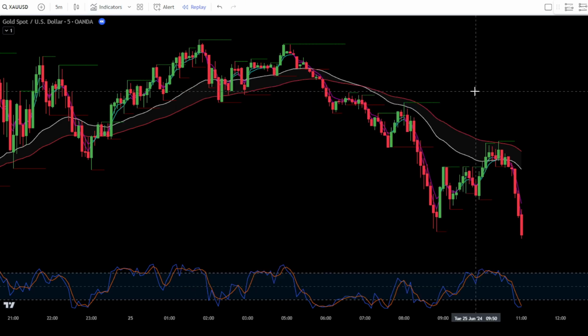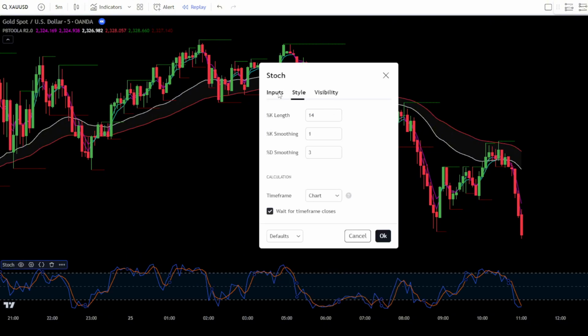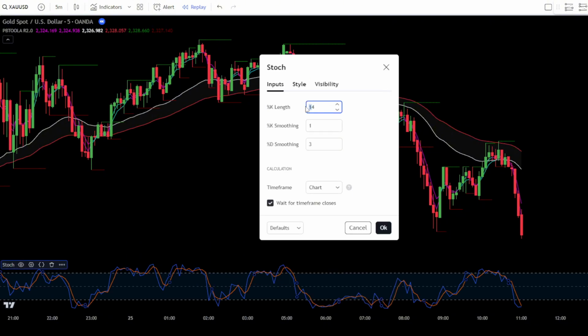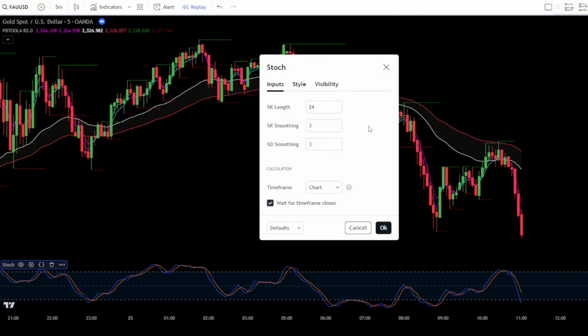After that, configure the settings for the Stochastic Oscillator. In the Input tab, change the %K length value to 24. Then, change the %K smoothing value to 3. Next, also change the %D smoothing value to 3.